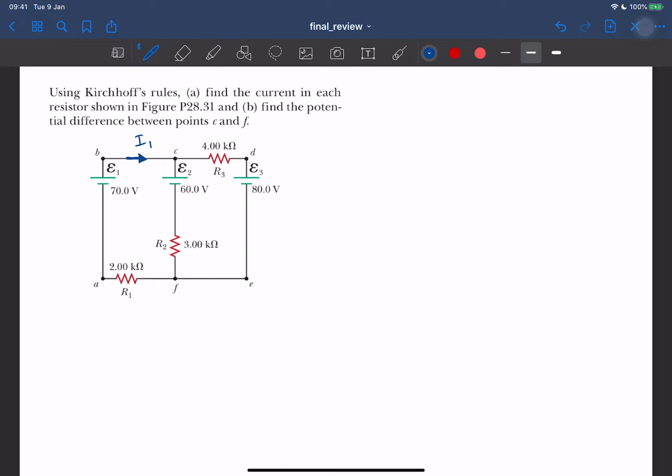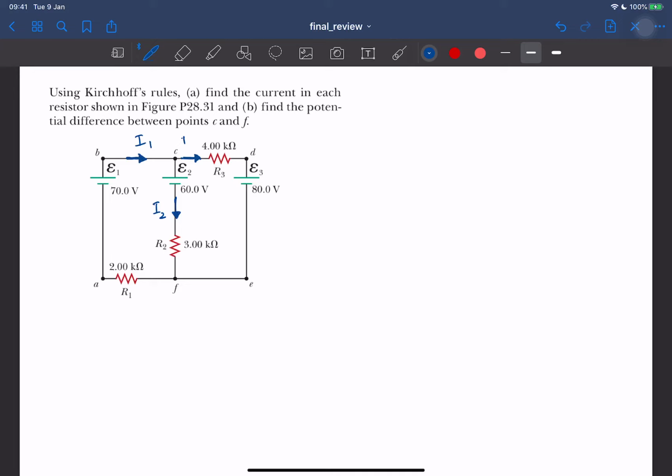So let's call this I1, and I will call this I2. When this is the case, this current here you can call I3, but then you have three variables, I1, I2, and I3. But I1 must be equal to I2 plus I3, right?